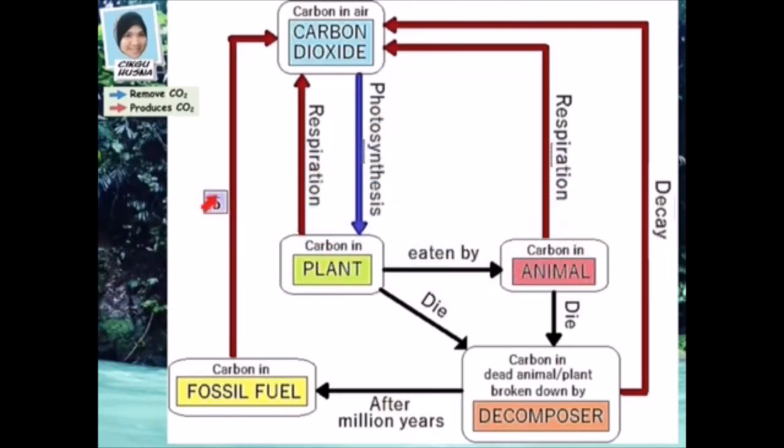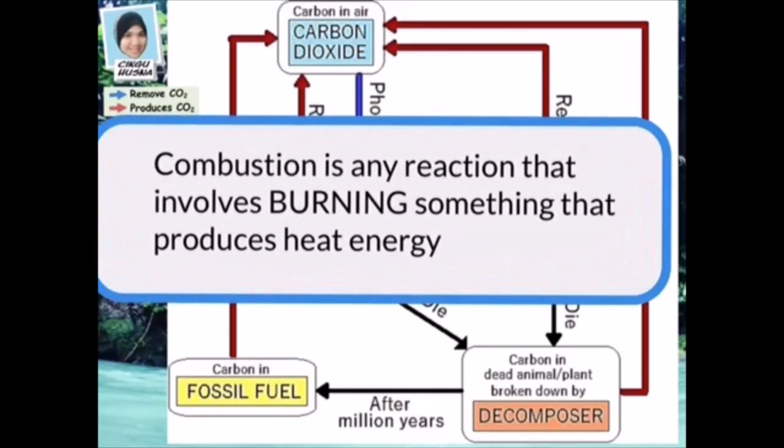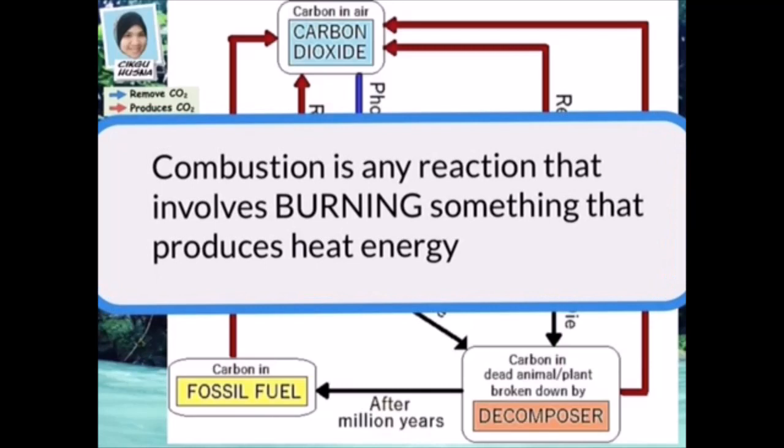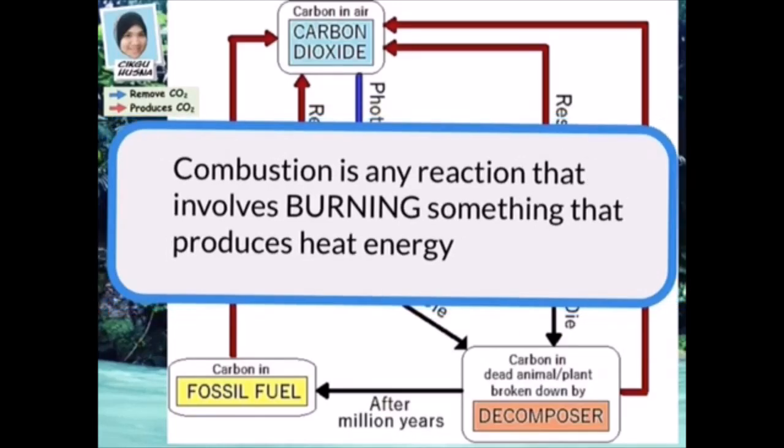And then for the last process here, fossil fuel, carbon in fossil fuel will be added back to the air by the process of combustion. So combustion is any reaction that involves burning something that produces heat energy. In this case, we are burning fossil fuel such as coal, oil or methane.